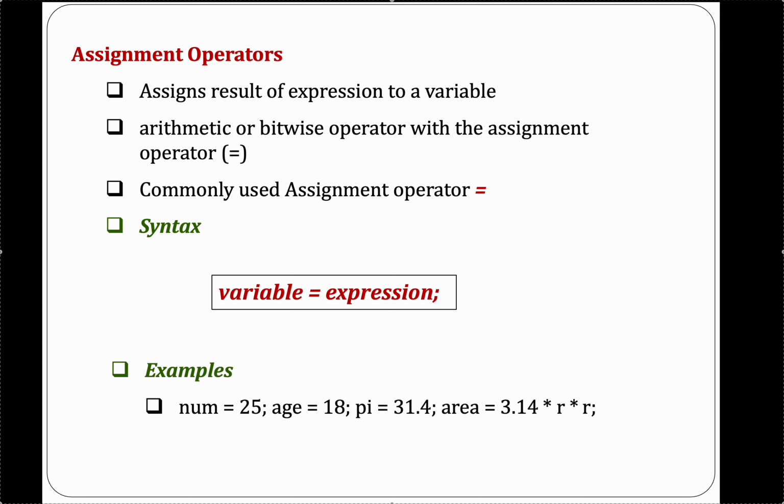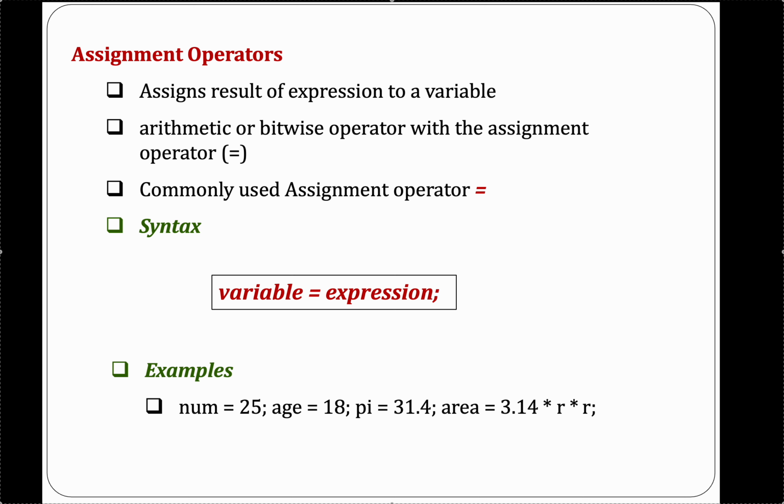You can either assign a value, or you can evaluate an expression and the result will be assigned to a variable. And one more important thing, you can combine either an arithmetic or bitwise operator with the assignment operator.